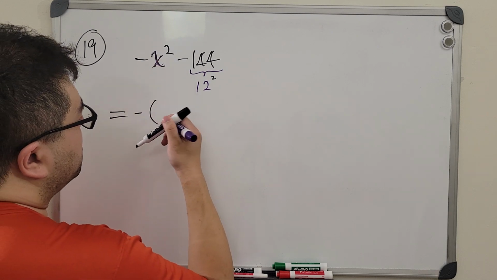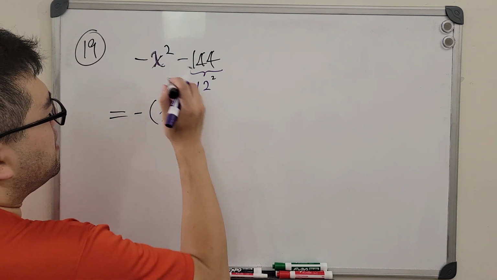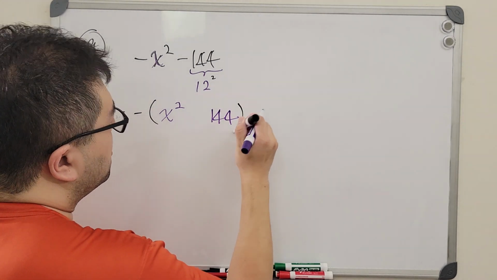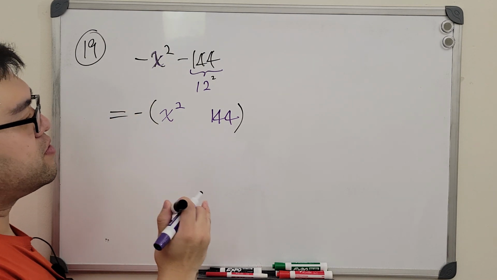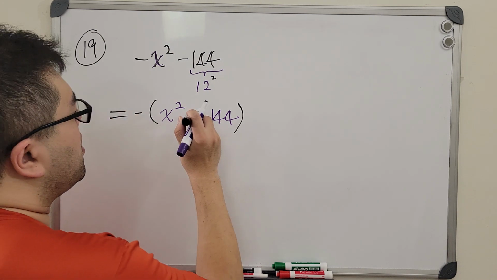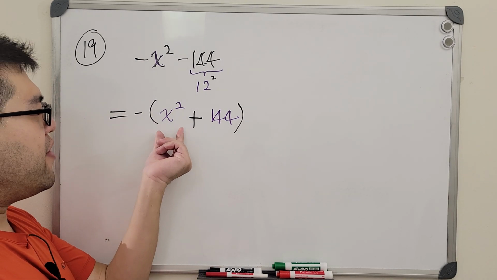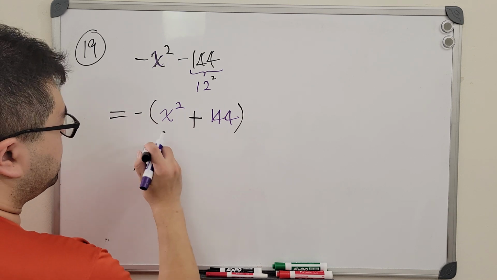out. The first term will become, of course, still x squared. But for the second term, we still have 144. Since we factor the negative, we need to flip the sign, so the negative will turn into positive here. Once again, we now have a squared plus b squared, which is not factorable.